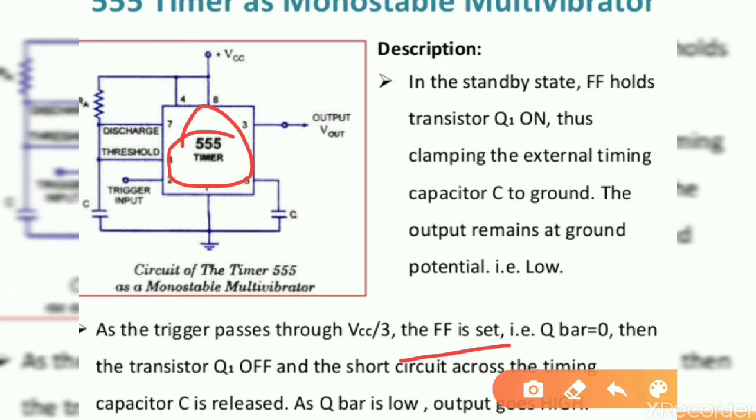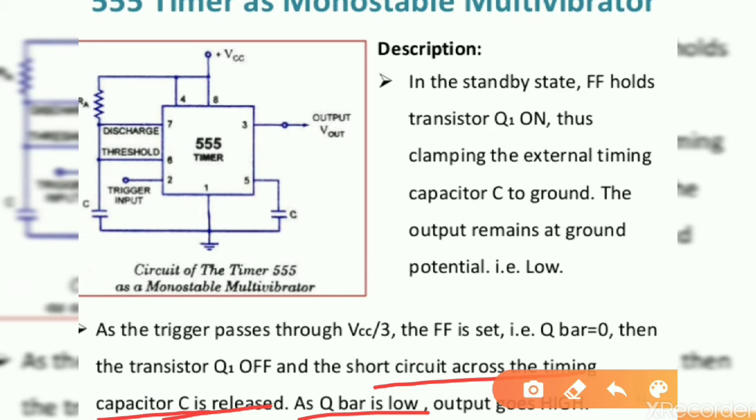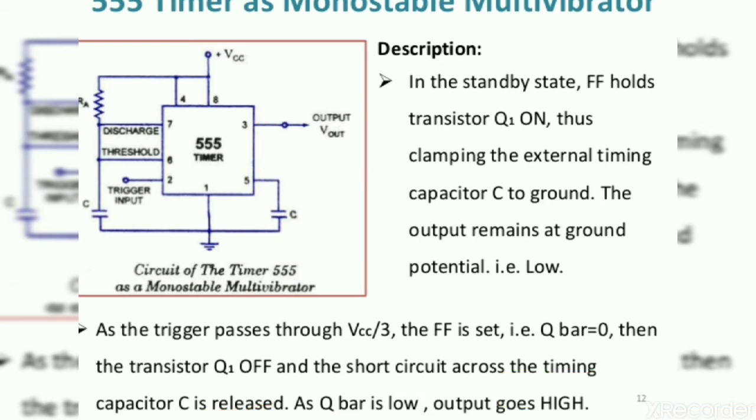The transistor, initially in the on state, was short circuiting the capacitor. Now the short circuit across the timing capacitor is released. Then the flip-flop output Q is low, so the output of the 555 timer goes to high. So this is the operation here.